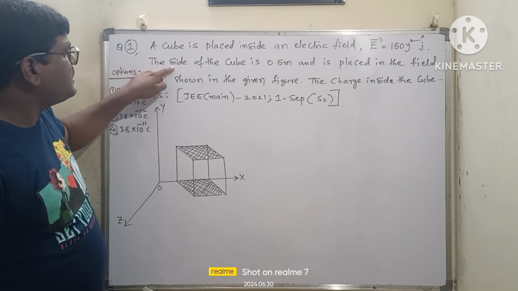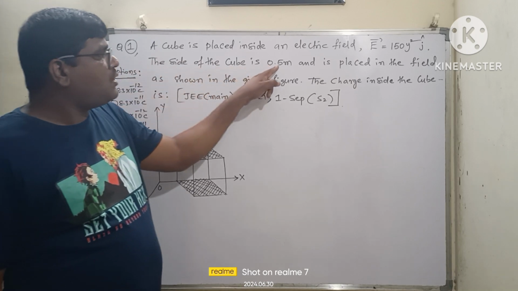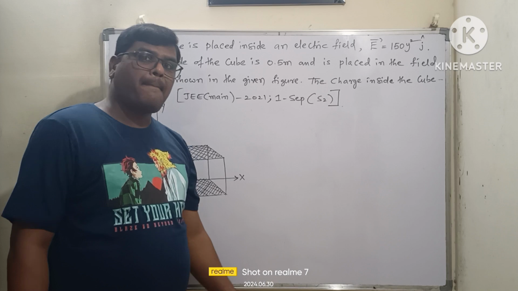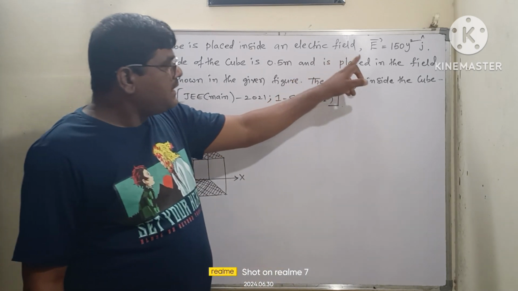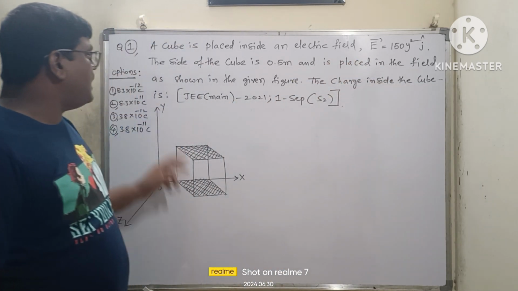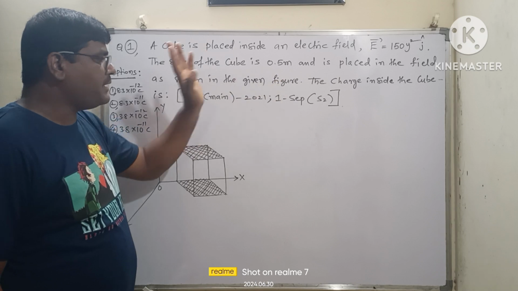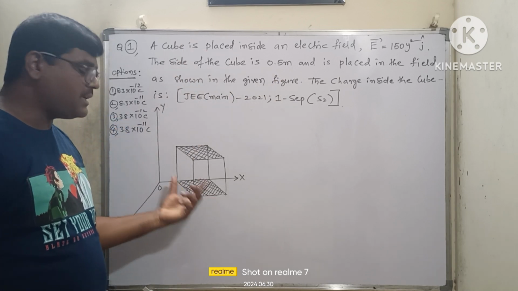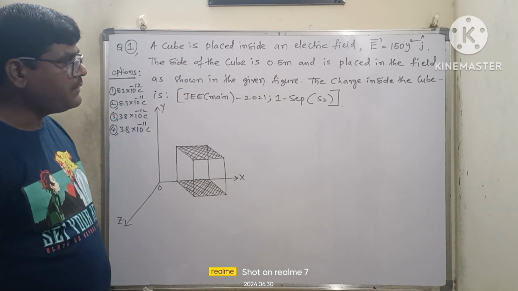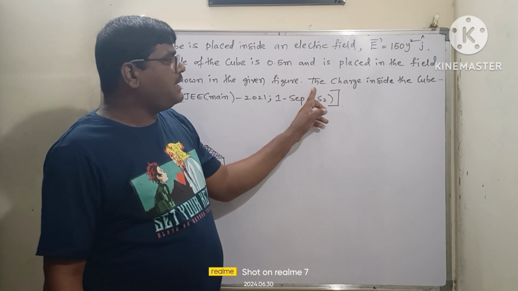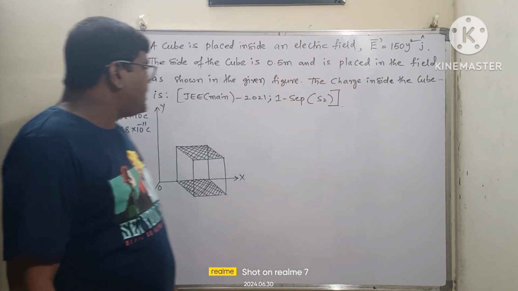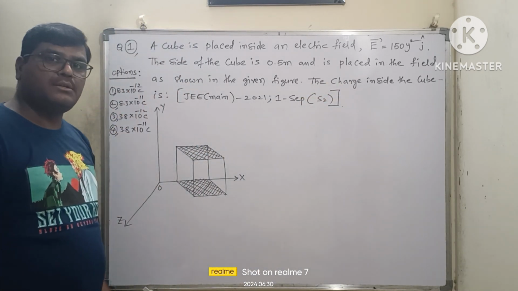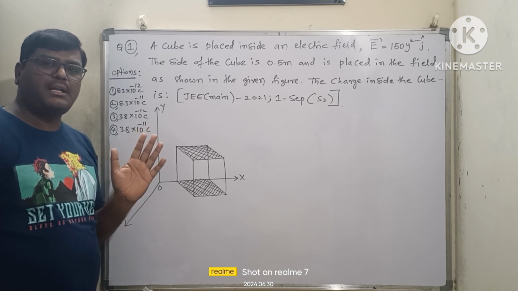The side of the cube is 0.5 meters and is placed in the field as shown in the given figure. The diagram is given in the question clearly. Now we have to find the charge inside the cube. So finally, what is it asking?